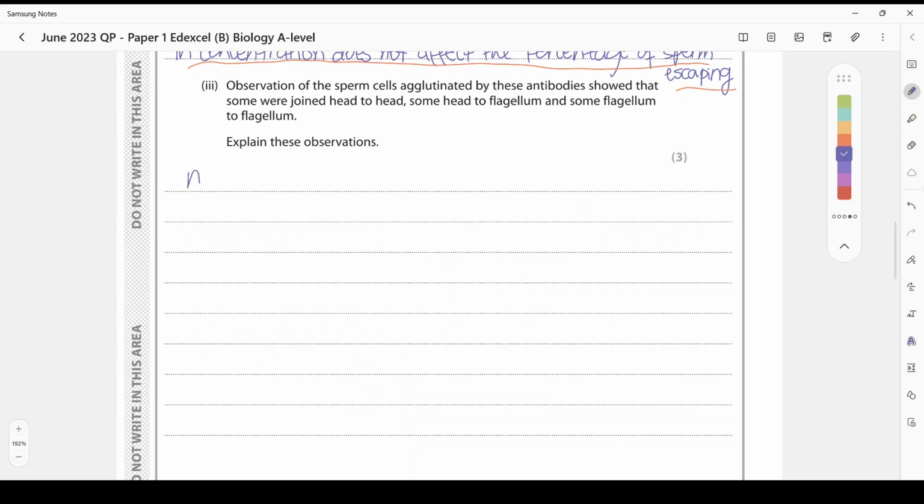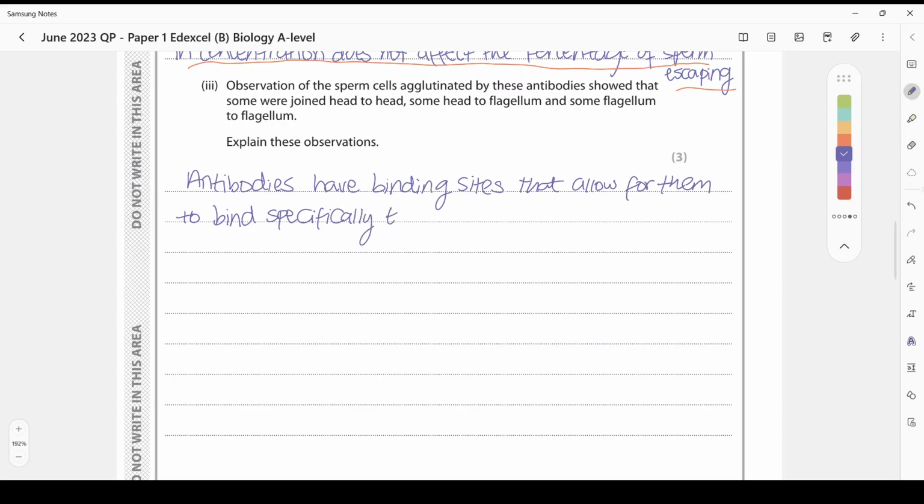So we can say antibodies have binding sites that allow for them to bind specifically to an antigen.